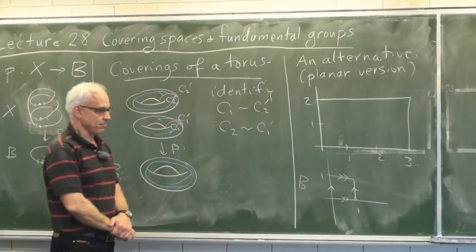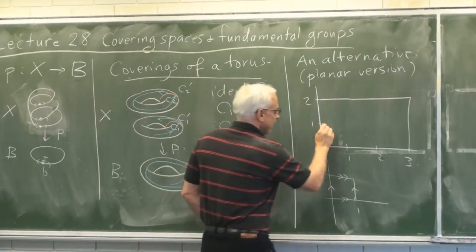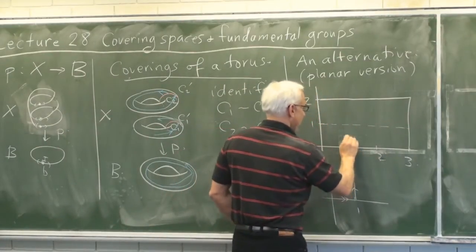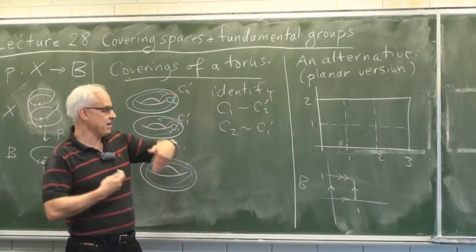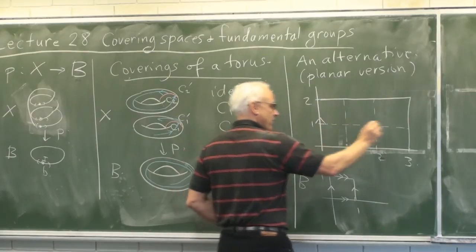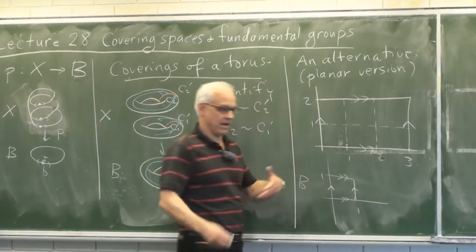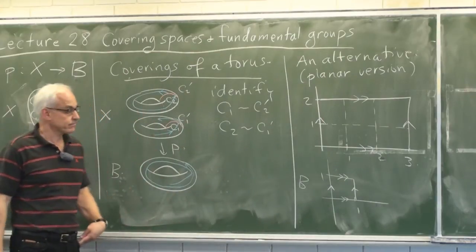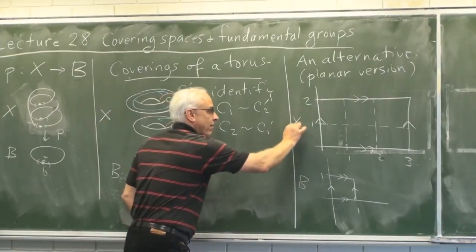Okay, so this is a 3 by 2 rectangle, and we can make that into a torus in the same way by identifying opposite edges. So we're going to identify this edge on this side with this edge on this side, and this top edge with that top edge, making a bigger torus. And we'll call that X.